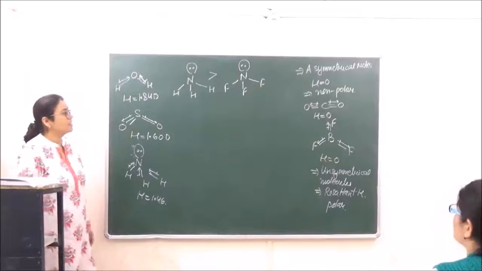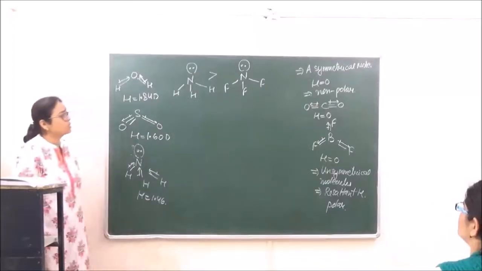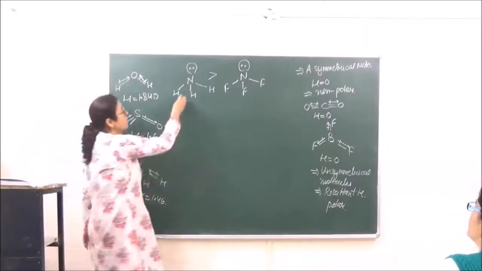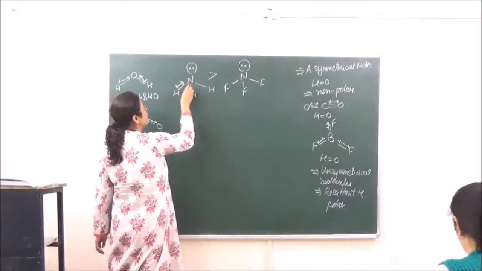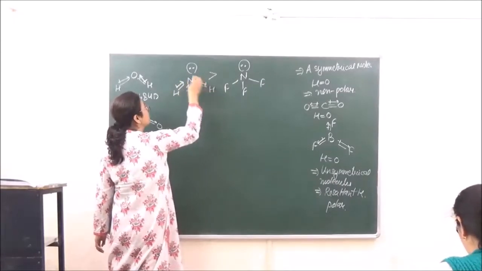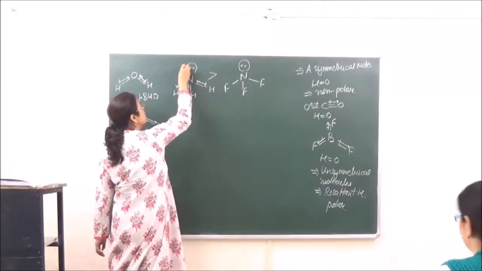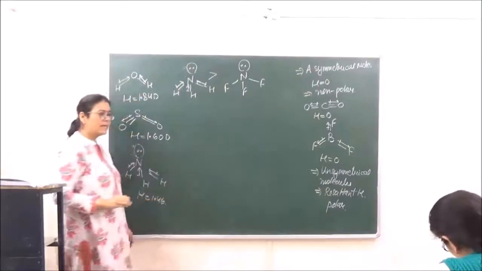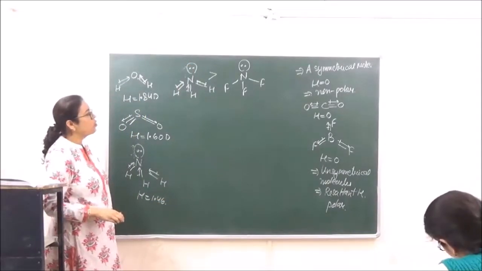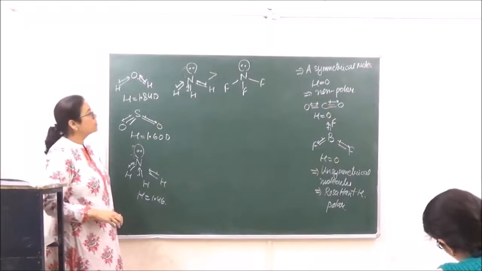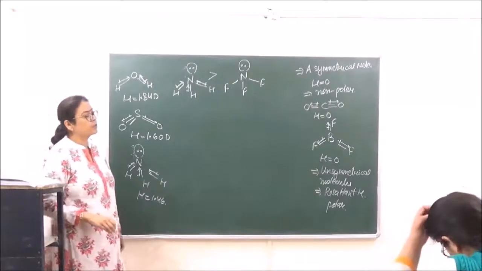Now why is this happening? This can be owed to the structures of both. In case of ammonia, nitrogen is going to be more electronegative. Okay? The dipole goes towards the lone pair of electrons. So the resultant dipole is all in the same direction. Therefore, the resultant dipole over here is going to be greater.